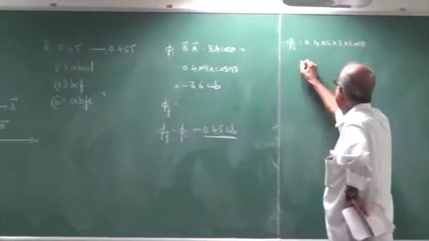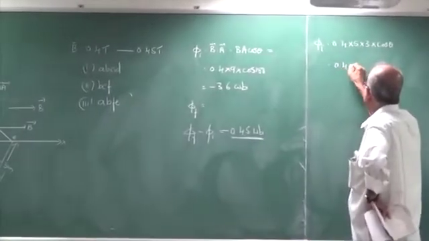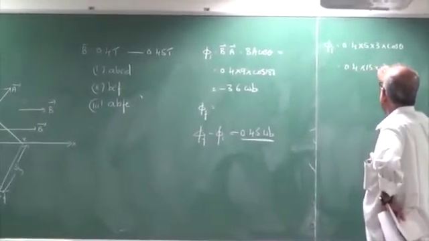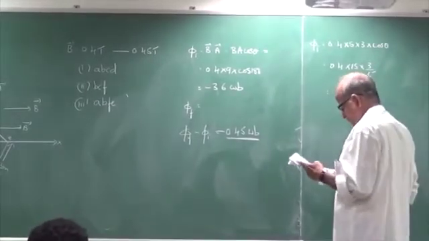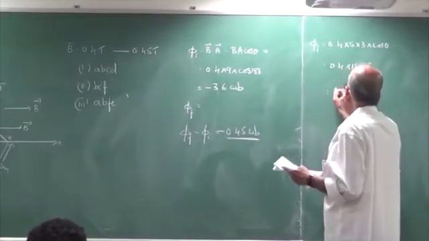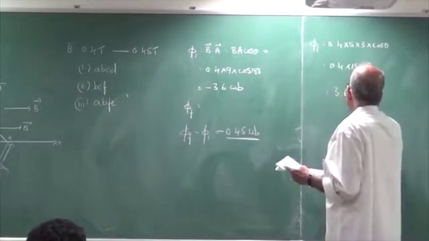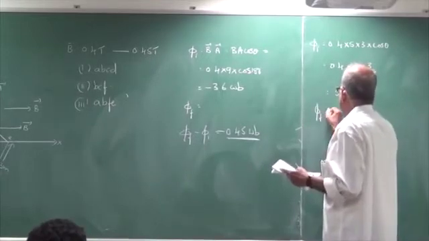That is 0.4 into 15 into 3 by 5, which comes to 3.6 Weber.